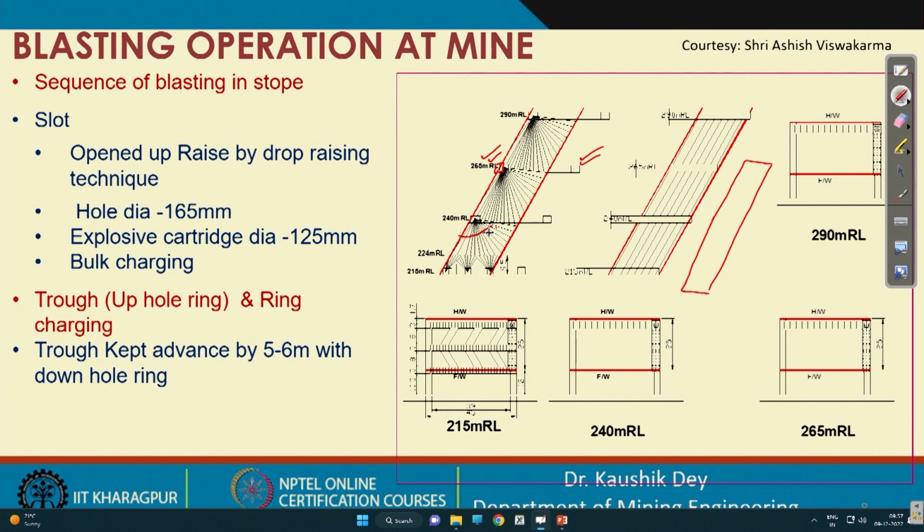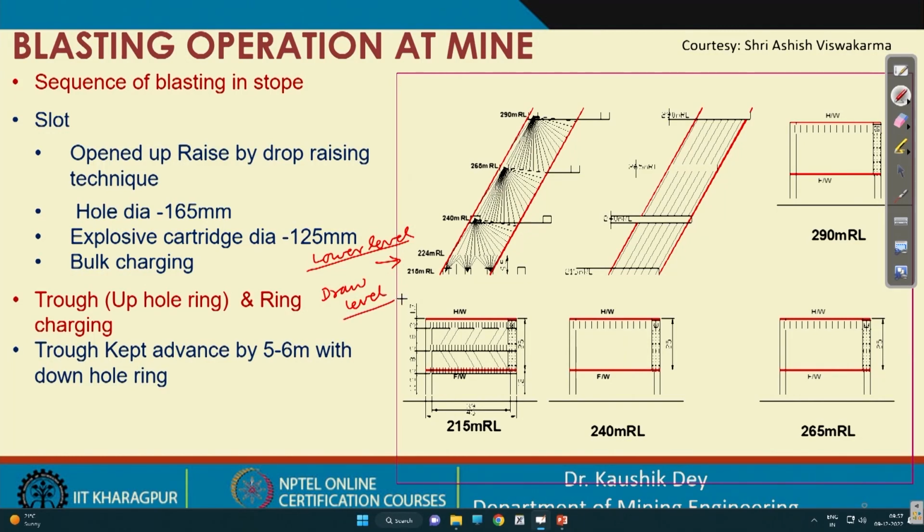So, this one slice is blasted. After this one slice is blasted, this material is allowed to drop here. So, their slot raises are made. Actually, this has to be explained to you first. This is the lower level, you can see. This lower level also acts as a draw level.